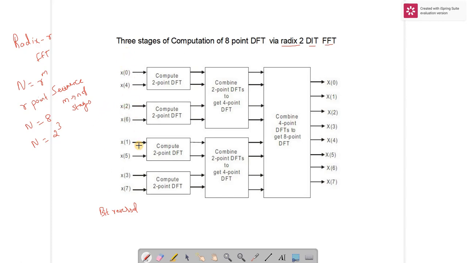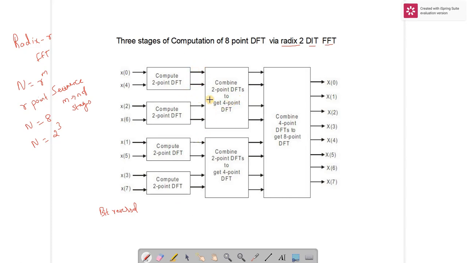That will be bit reversed in this order, and we will be pairing the first two values and computing 2-point DFT, and the remaining values like 3 and 4, 5 and 6, and 7 and 8 are computed using 2-point DFT. The results of this first stage are given to the next stage, 4-point DFT.